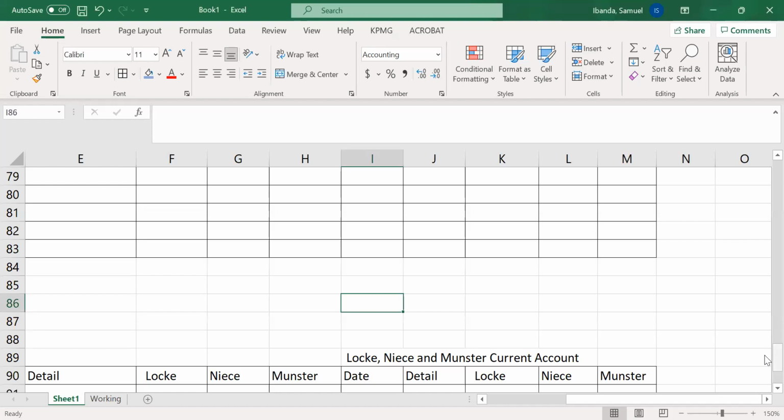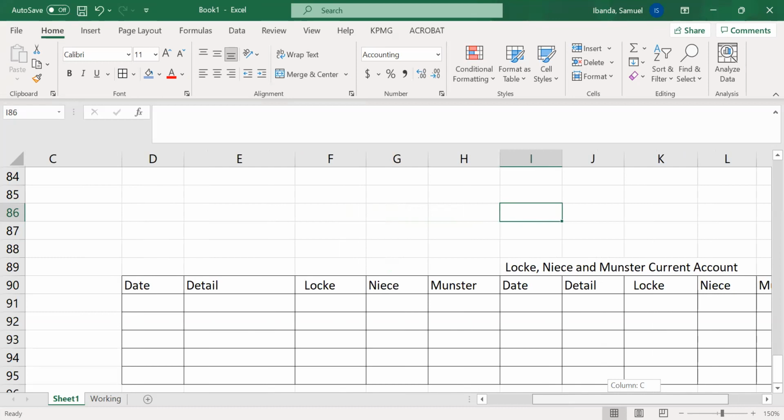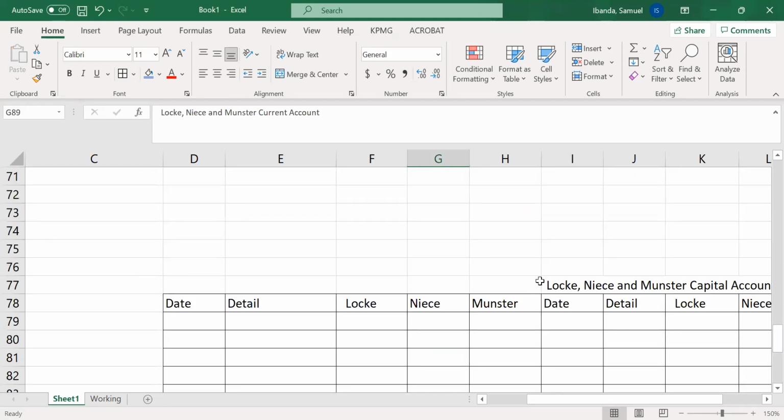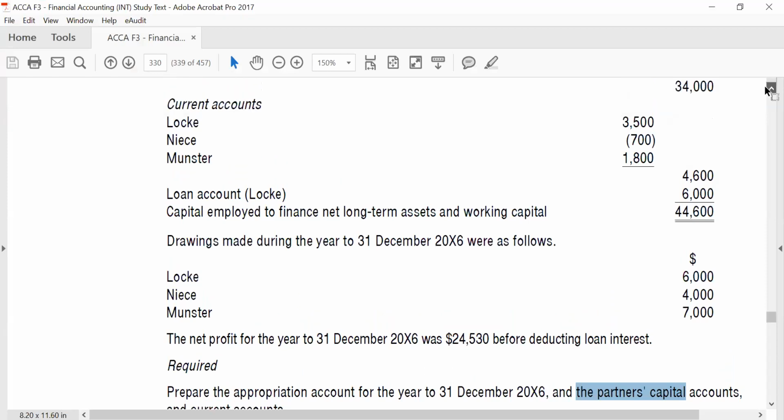Let's just first finish this. So let's imagine this is our current accounts, and this is our capital account, okay? Now, from what we have here, let me first fill these accounts, then I'll respond to the question.